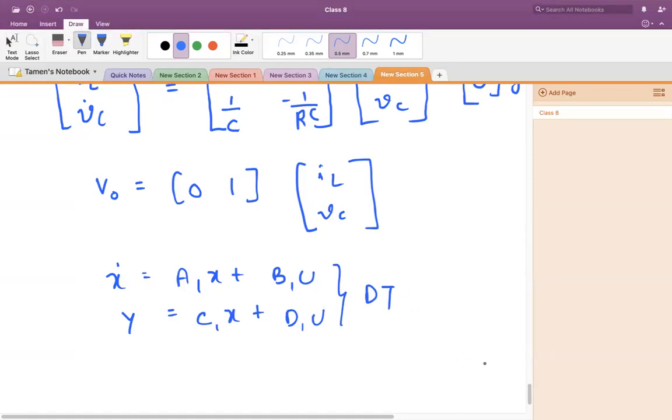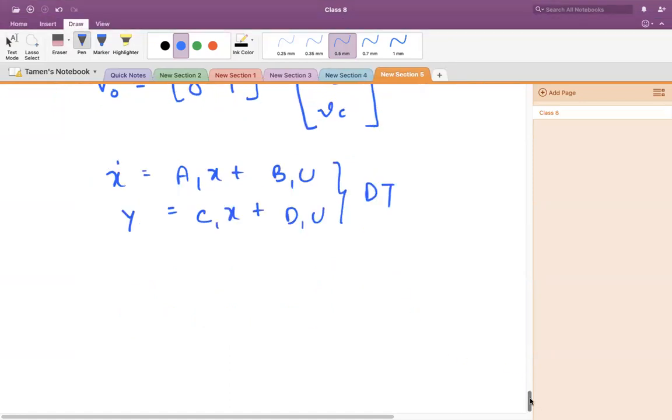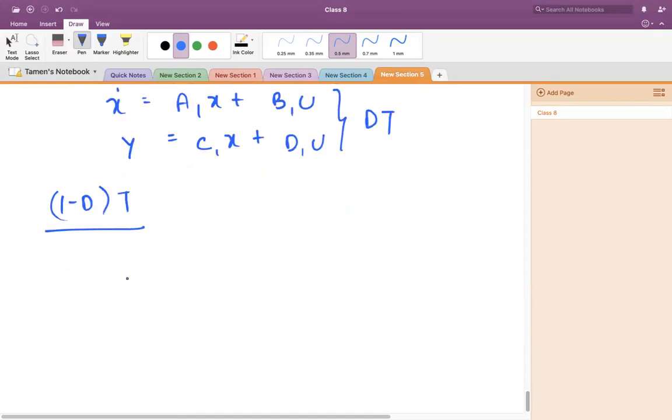Now we'll consider the 1 minus dt part, that is the off condition. For this, we require the circuit for the off condition.